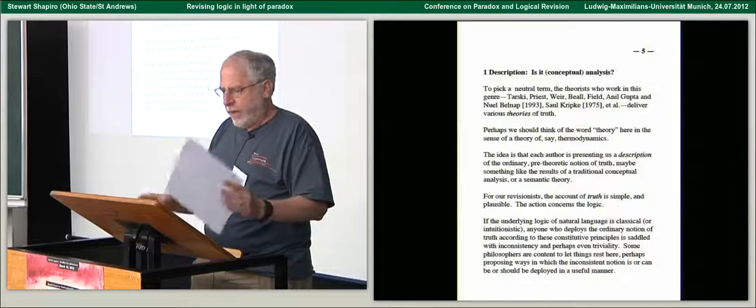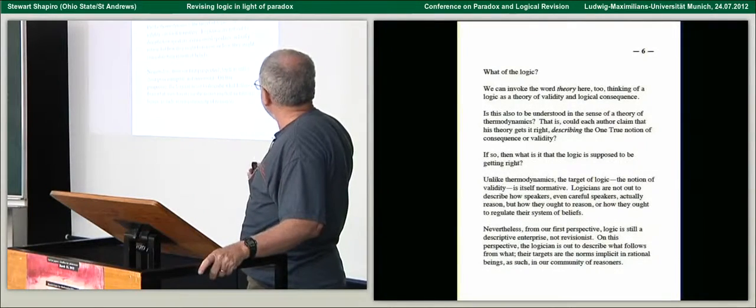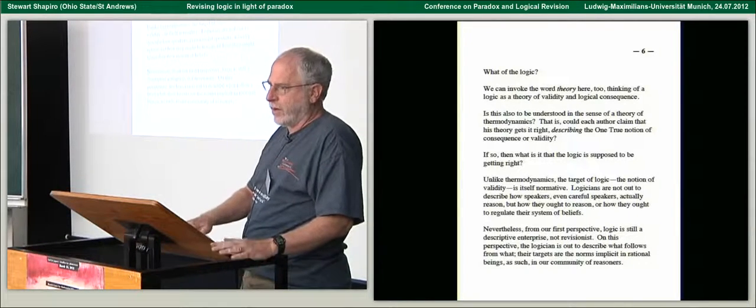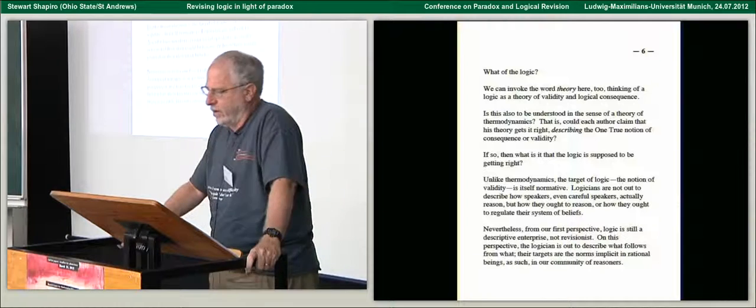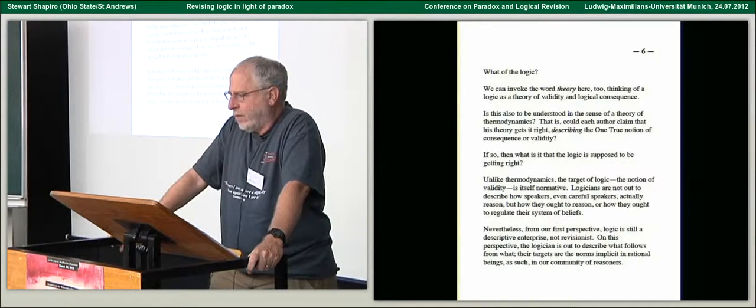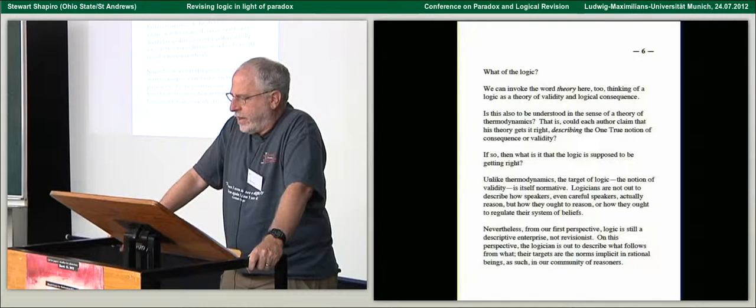All right. But now, what of the logic, or at least of those who want to tinker with the logic? Here we can invoke the word theory, too. I mean, Graham did invoke the word theory of logic, thinking of logic as a theory of validity, or logical consequence. Now, should we also understand this in the sense of a theory of thermodynamics?